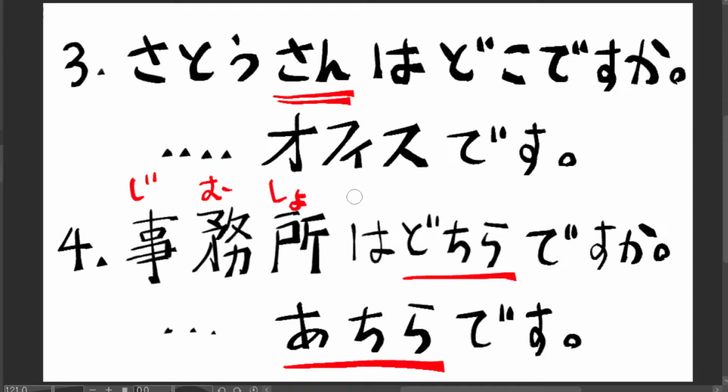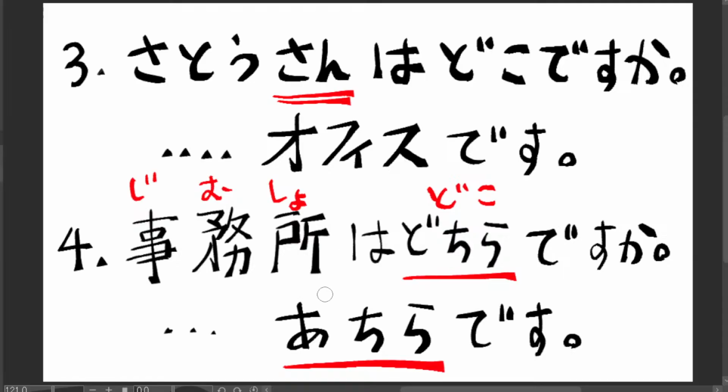I just showed you the office written in katakana and the office in original Japanese, which is 事務所. 事務所はどちらですか？ Where is the office? It is the same meaning as 事務所はどこですか？ Where is the office?